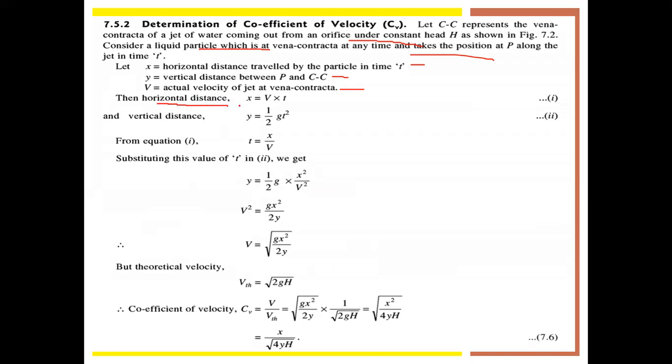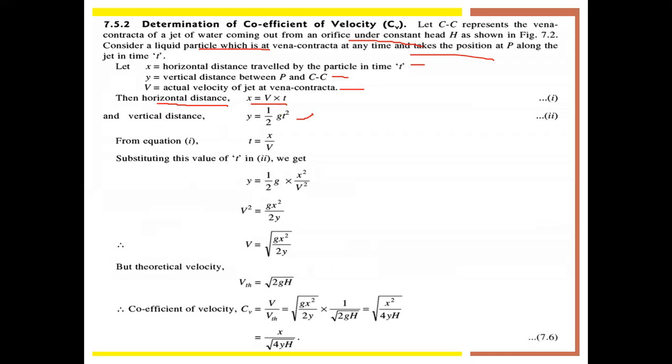Then the horizontal distance x is equal to V into t. The vertical distance y is equal to half g t square.